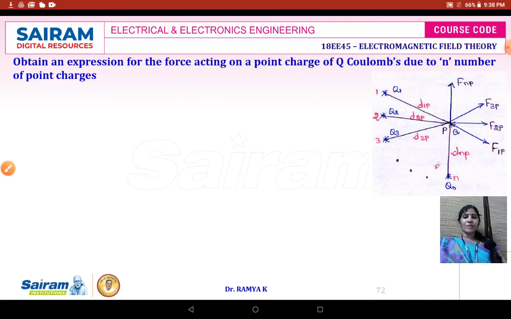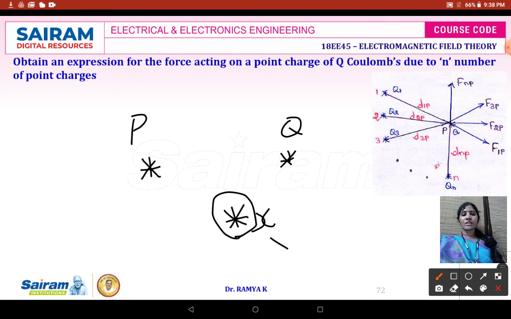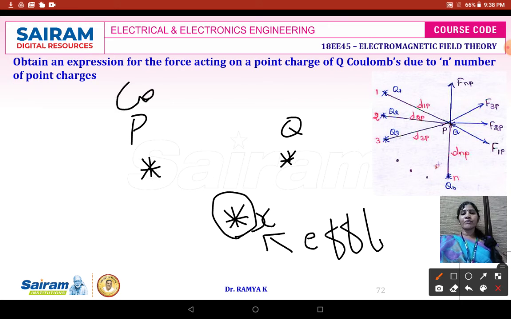Same thing, suppose I am giving 2 point charges placed at point P and point Q, and point X is also there. Here if I am asking you to identify the force at point X, then this particular point will become the effect and the other 2 points are going to become the cause.